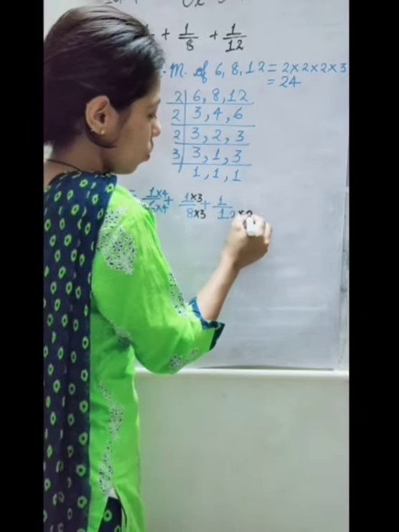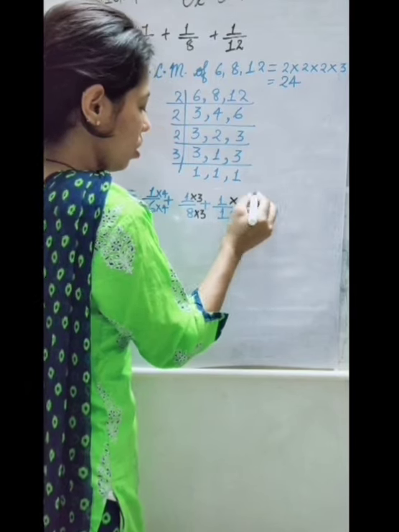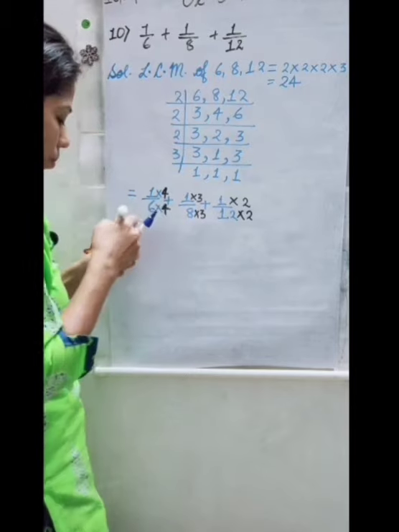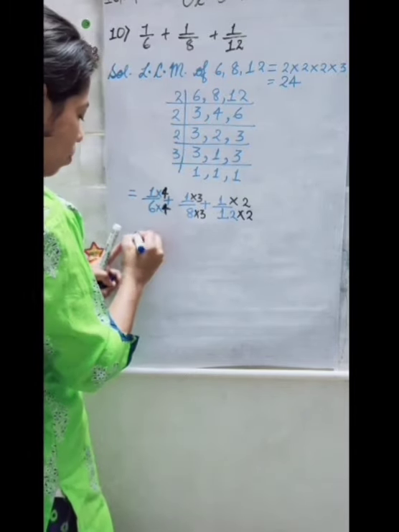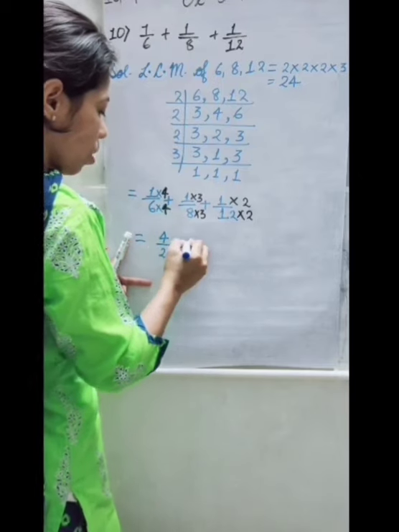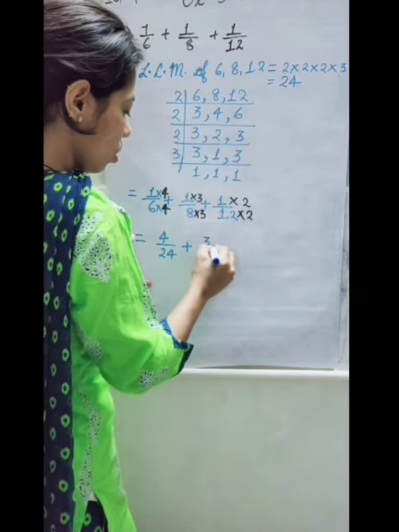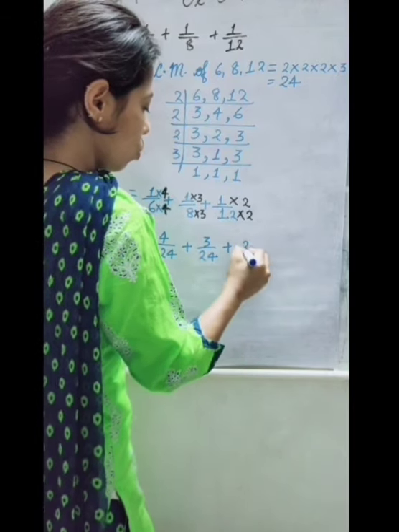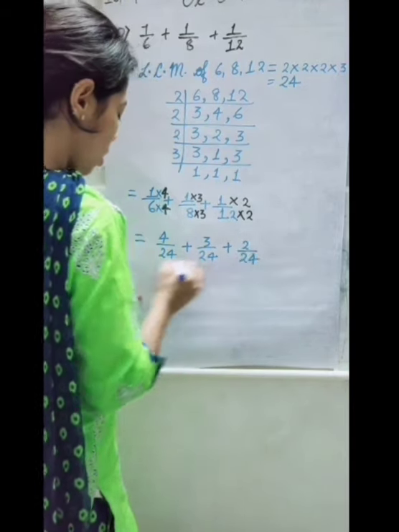Then 12 2s are 24. We will multiply the numerator by the same number. In next step, we will get 4 by 24 plus 3 by 24 plus 2 by 24.